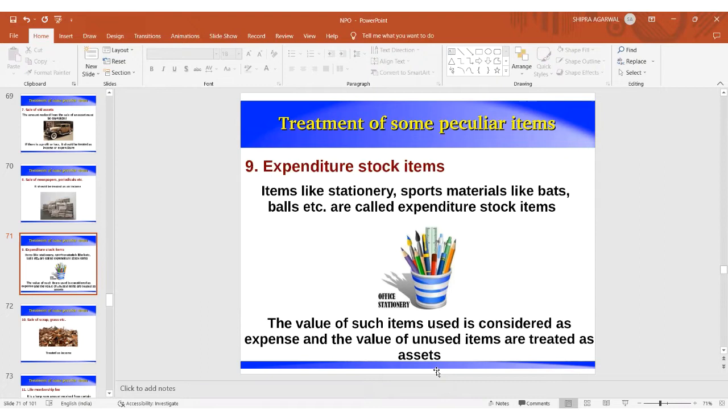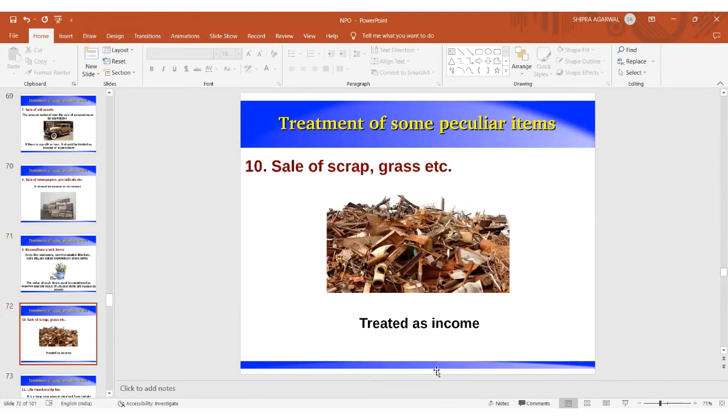But the value of such items that has been used is considered as an expense, and the value of the unused items are treated as assets, because ultimately they are going to be there for more than one accounting period, right? And whatever is your sale of scrap, grass, etc., that is to be treated as income.